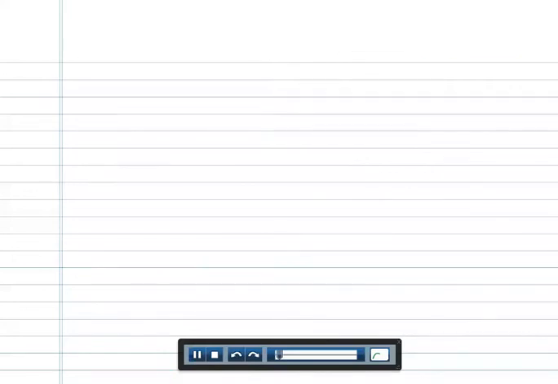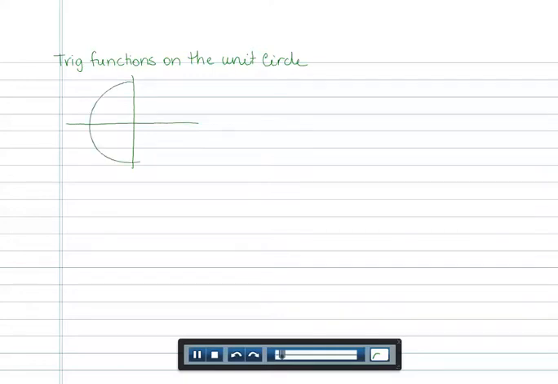In this lesson, we're going to learn about the trig functions on the unit circle. What we want to do is consider an x and y axis, and draw a circle on this axis.